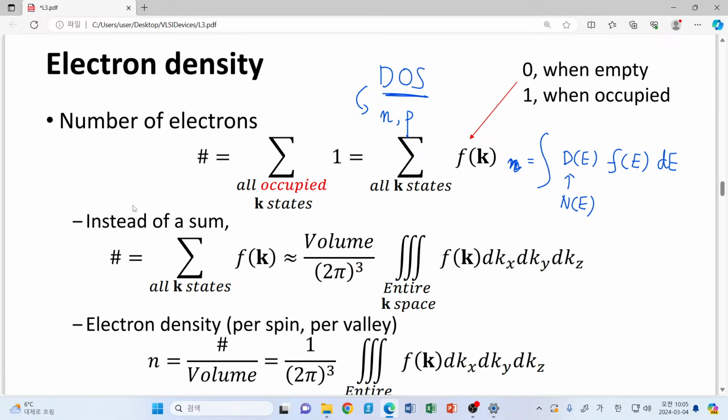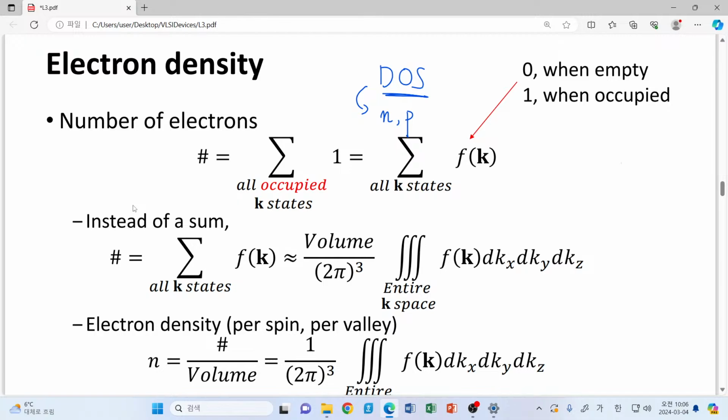But my point is, how can we derive this expression in a more rigorous way, starting from our K-space description? Let me do it together with you. In this course I want to deliver to you a way of thinking in the discrete K-space.